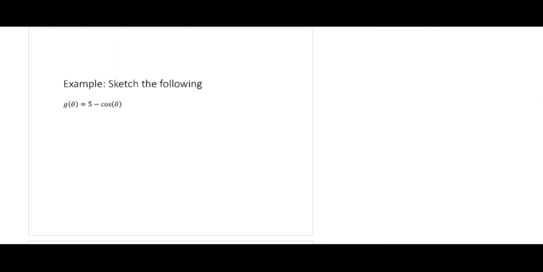All you can do, if you really want to think about it, is just rewrite it into something that you can recognize. So G of theta is equal to, instead of writing the 5 first, why don't you just flip it? Negative cosine theta, and now that 5, if you notice, it doesn't have a negative sign in front, so that means it is positive.